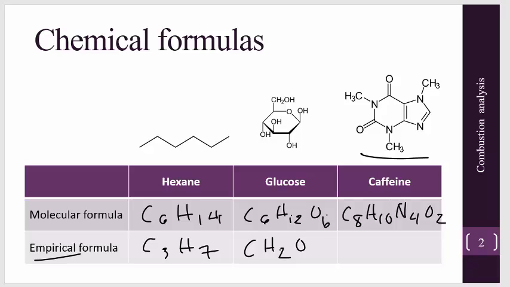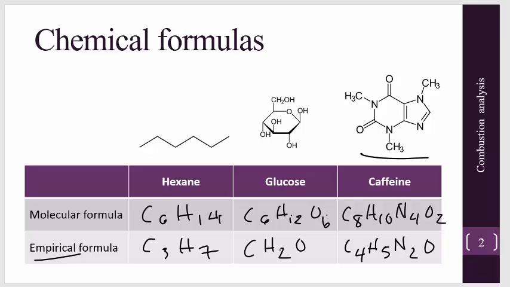We can divide everything by 2 here. C4H5N2O. So this would be the empirical formula, the simplest whole number ratio of each of the different types of atoms in caffeine. So that's empirical formulas.